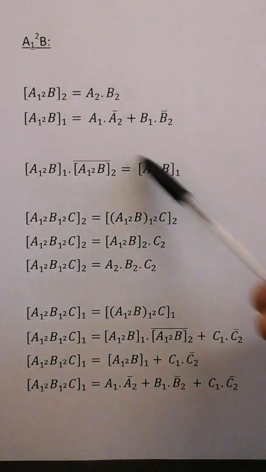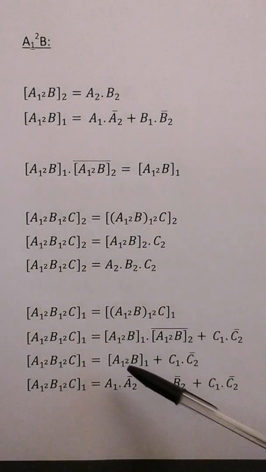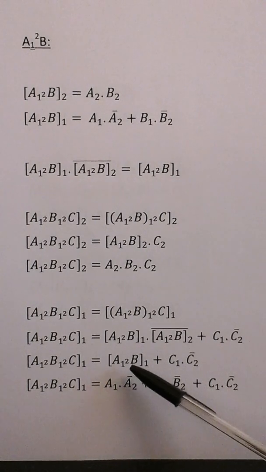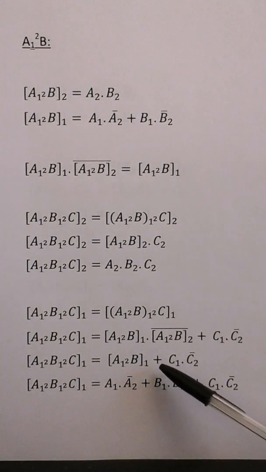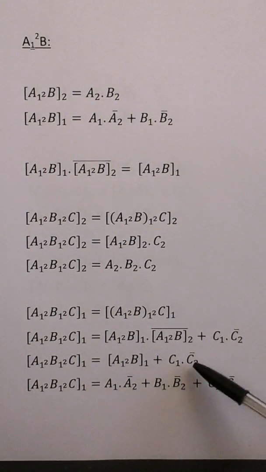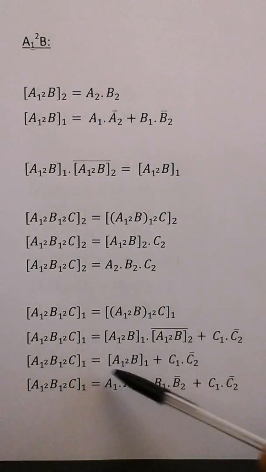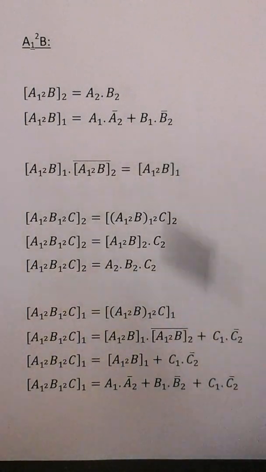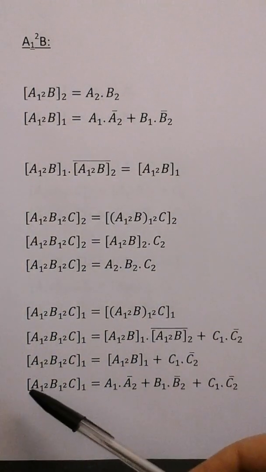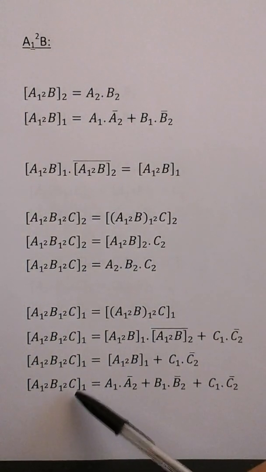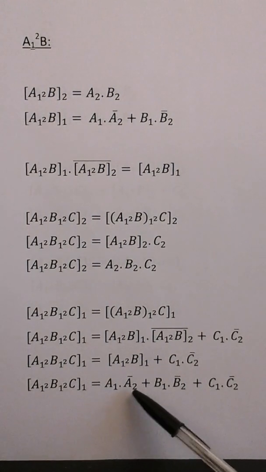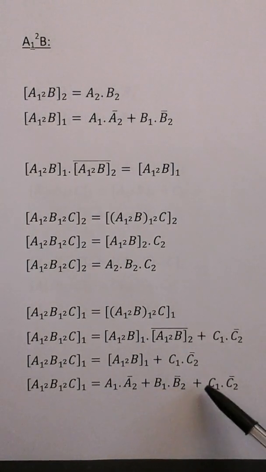So A1 squared B1 equals A1 and not A2, or B1 and not B2. Substitute it in, and you get A1 squared B1 squared C1 equals A1 and not A2, or B1 and not B2, or C1 and not C2.